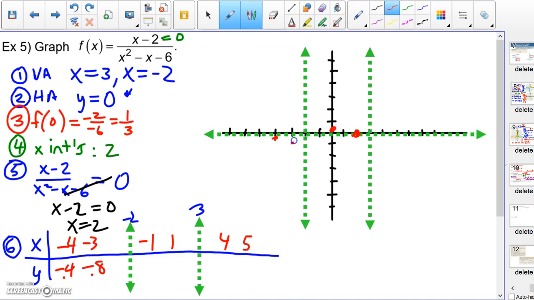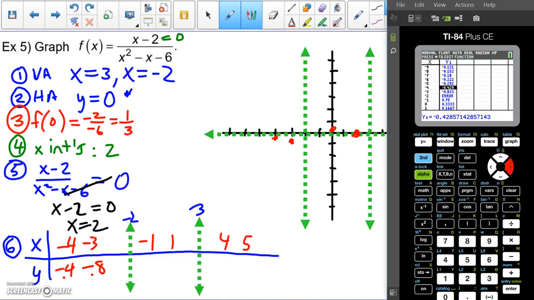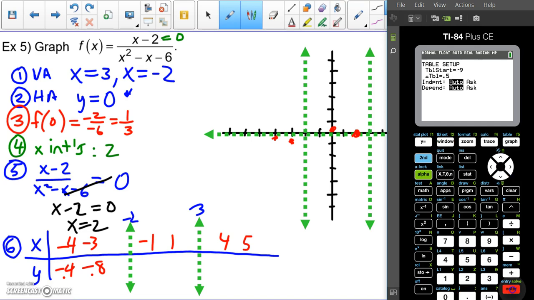And so you can kind of see what's going to happen. It might be nice, if you do a table set, so go second and window, if you change your delta table to like 0.5, that's kind of nice because now your table is going to go by 0.5 instead of just by every one.